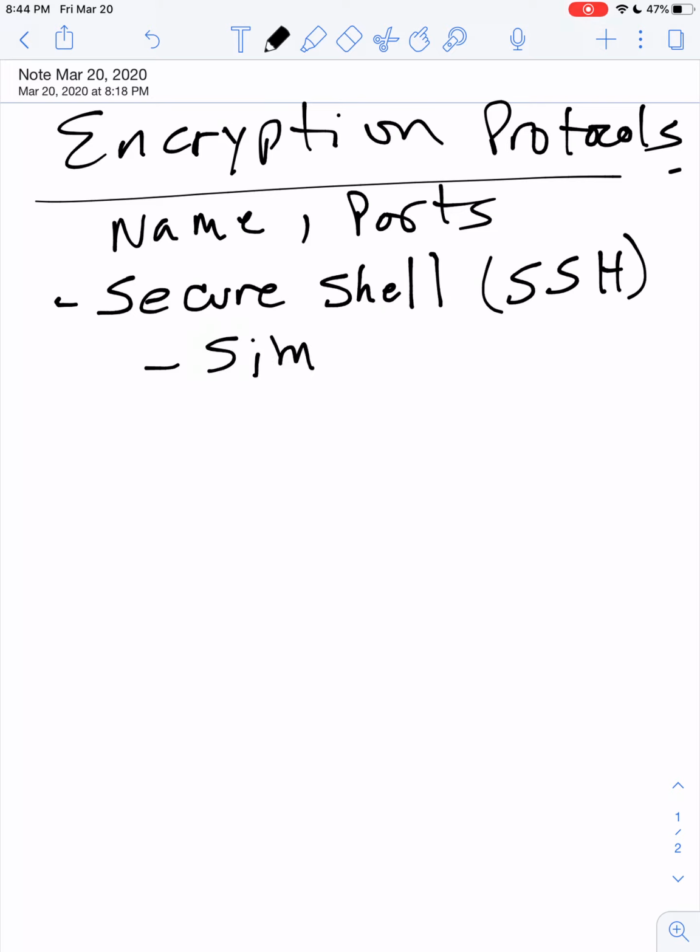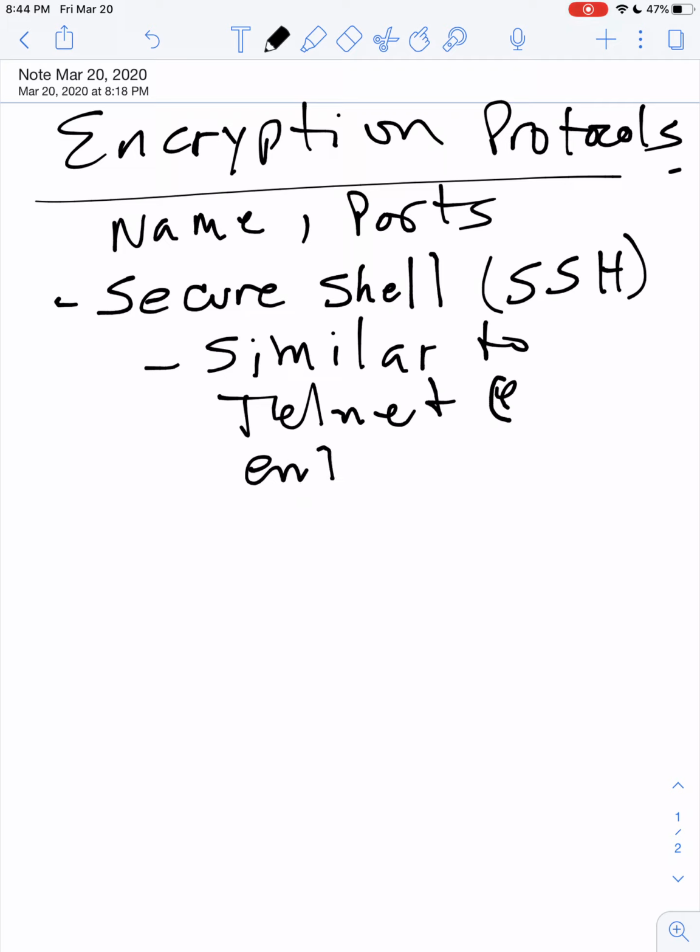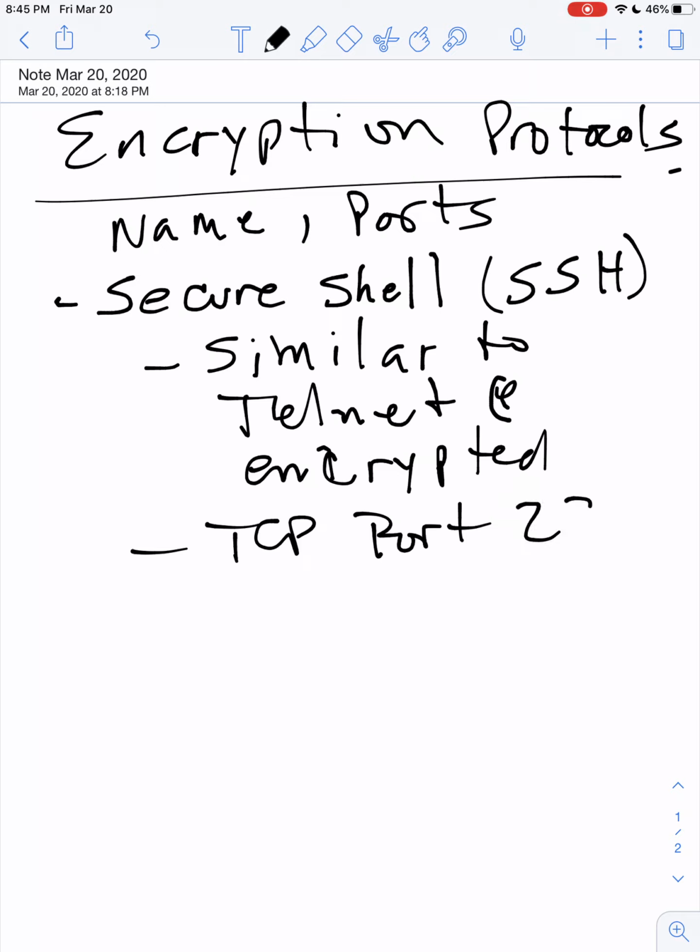So it is similar to Telnet, but it is encrypted. So it uses TCP port 22.